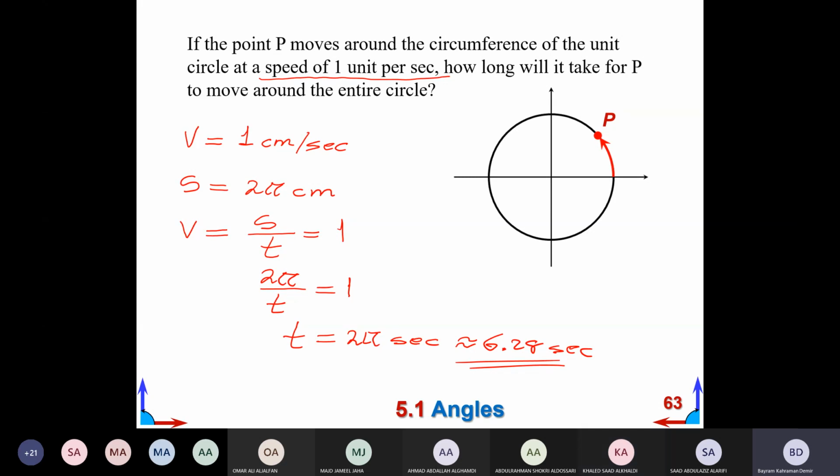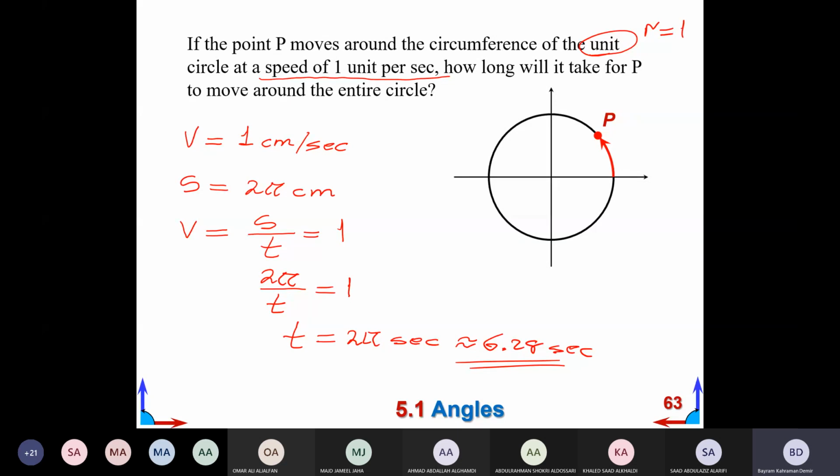In this case, linear speed is 1 unit. Yani the unit is maybe meter, maybe centimeter, whatever. So 1 centimeter per second, for example. Because we have the radius in the equation, that's why it's 1 unit per second. R is 1, right? Yes. Unit circle means R is equal to 1. Exactly.